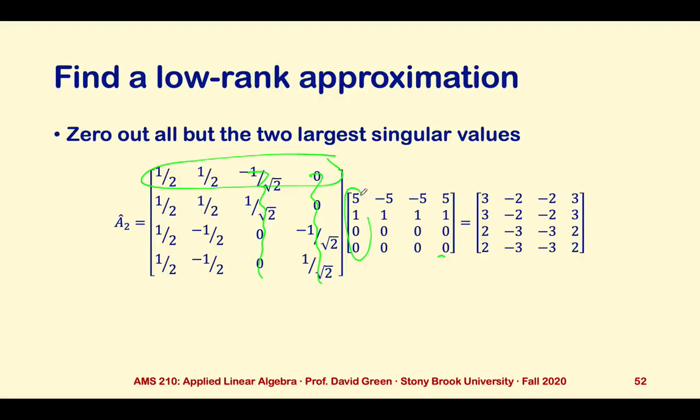So what are our entries going to be? 5 times a half plus a half is 3. Negative 5 times a half plus a half is negative 2. This third column is exactly the second, so it's also a negative 2. The fourth column is exactly the same as the first, so it's also a 3.